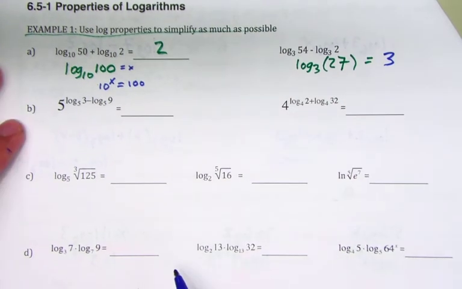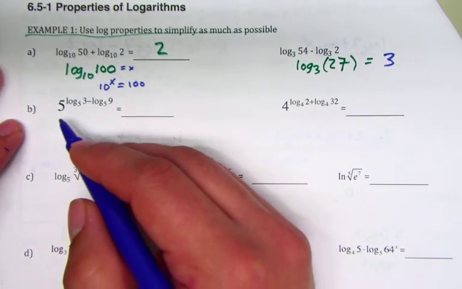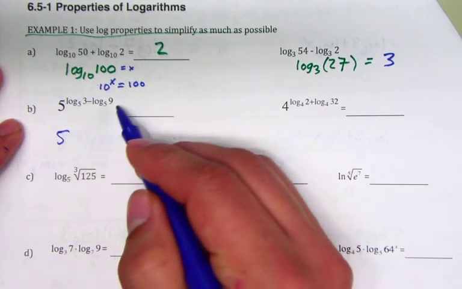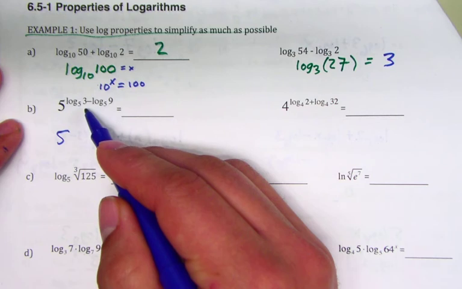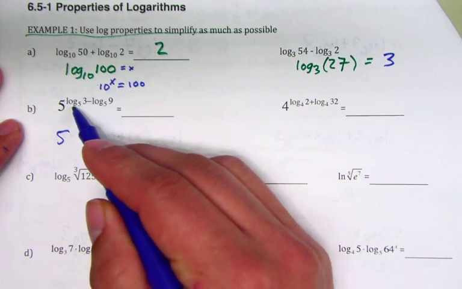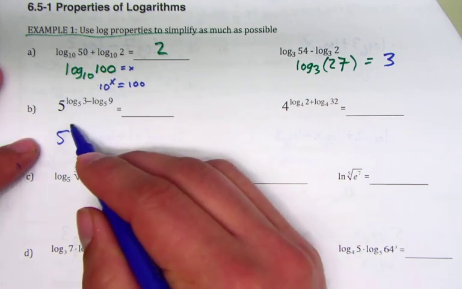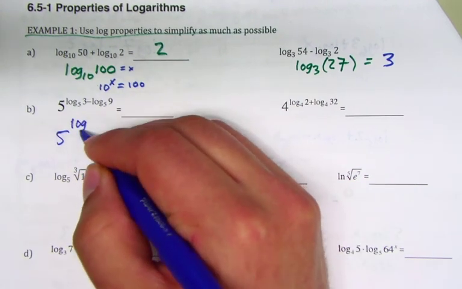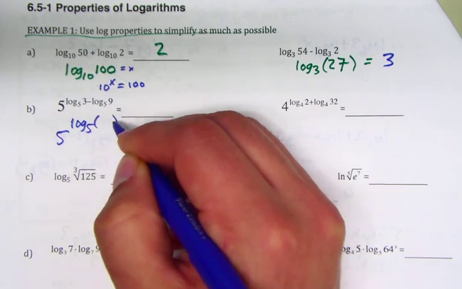All right, let's see what's going on here. 5 is the base, and then in the exponent, we got this weird thing that we're subtracting. Well, what can I do when I subtract? When I do that, I shrink it to 1 log, right? So it's log base 5 of what? 3 over 9.